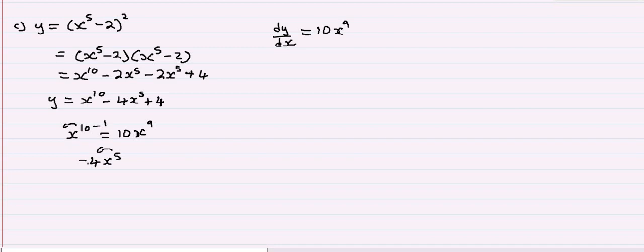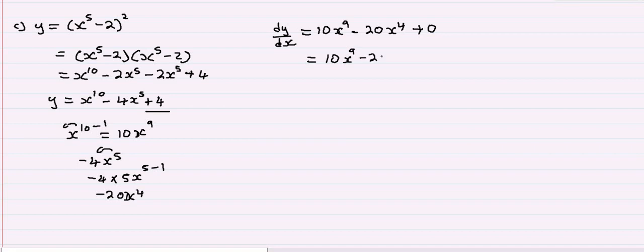We multiply the coefficient with the exponent 5, then it becomes −4 multiplied by 5 x^(5−1). −4 multiplied by 5 is −20x⁴. What is the derivative of a constant? It is 0. Then we say plus 0. If you want to simplify it further, this is 10x⁹ − 20x⁴.